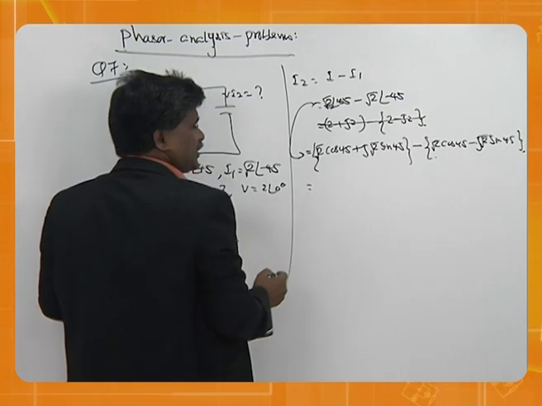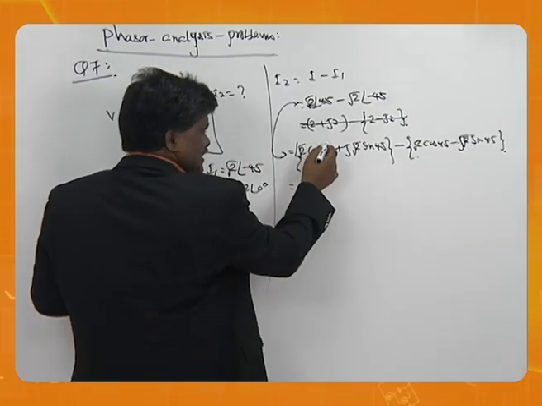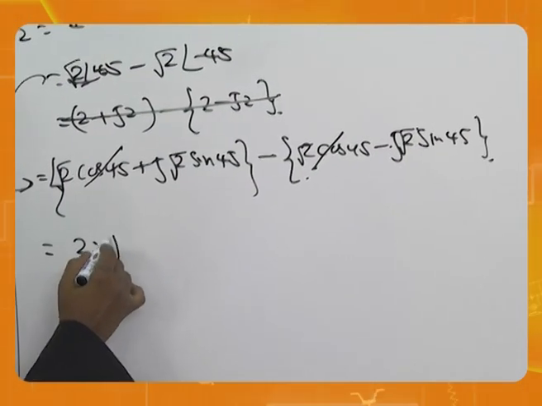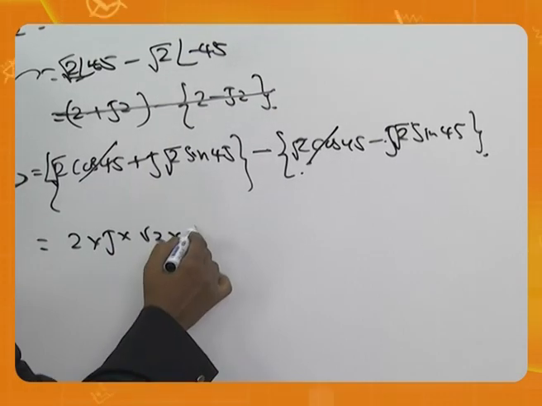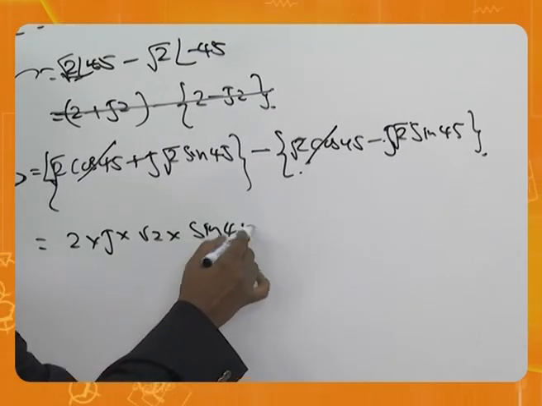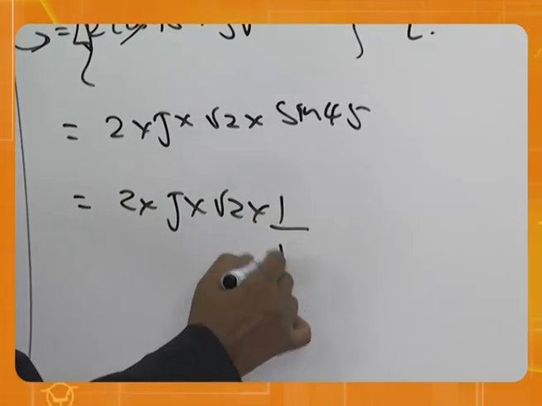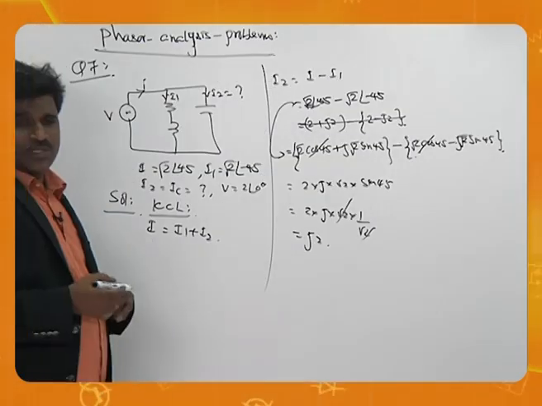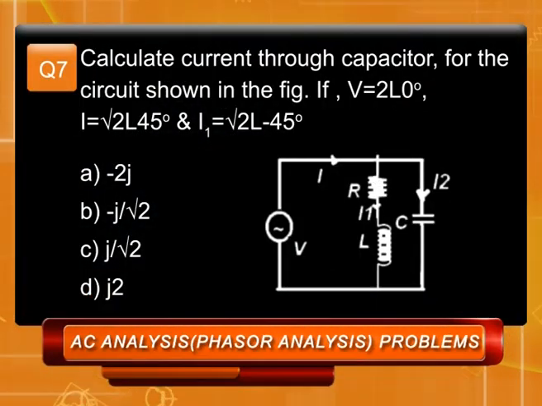Now what is going to happen? J term is here, another j term is there. So these real values will cancel. You will have 2 into j into root 2 sin 45. Sin 45 is how much? 2 into j into root 2, 1 by root 2, that cancels. The answer is j2. Therefore the option is D.